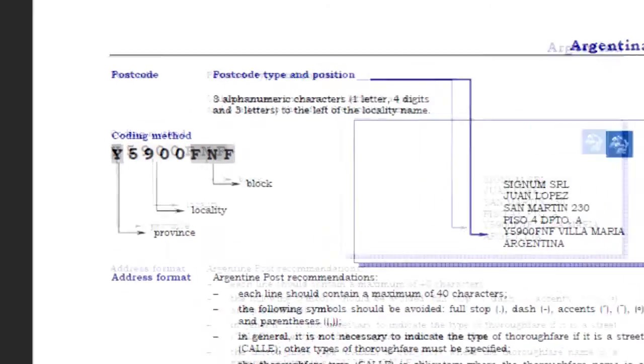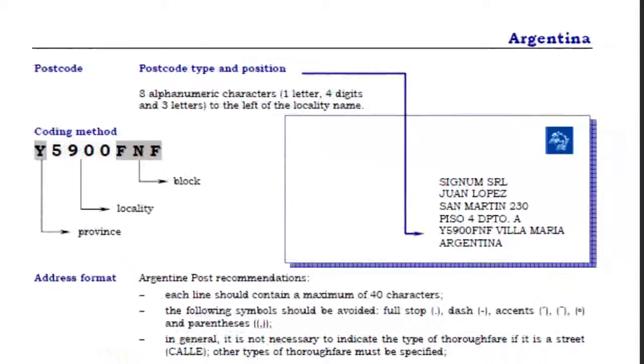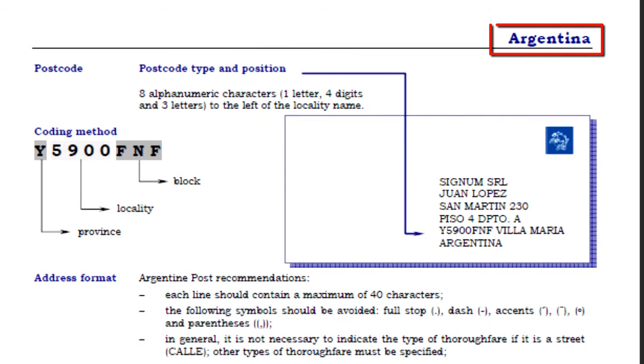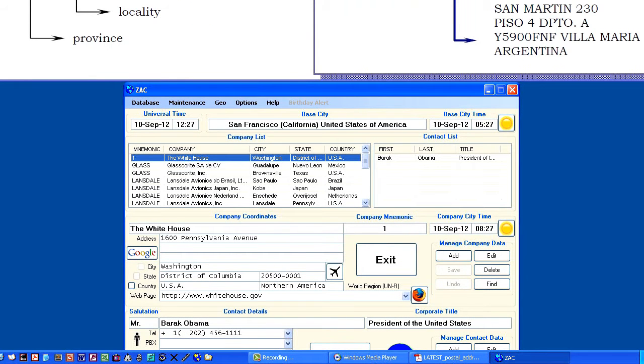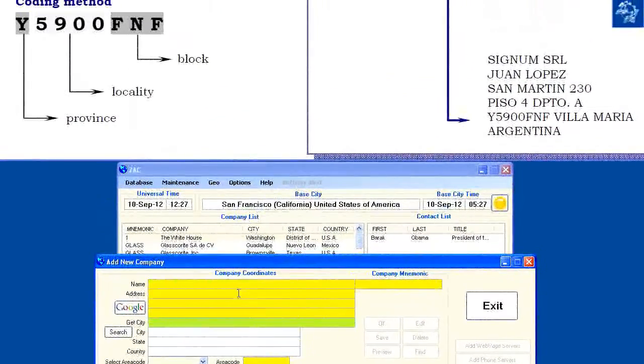When users enter postal data, they will find that data entry is constrained by the specifications of the country they are entering, with field positions accepting either alphabetic or numeric digits. ZAC will not allow entering numeric digits in alphabetic positions or alpha data in numeric positions.